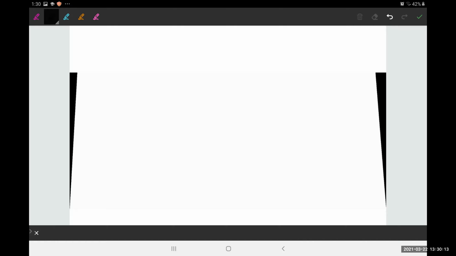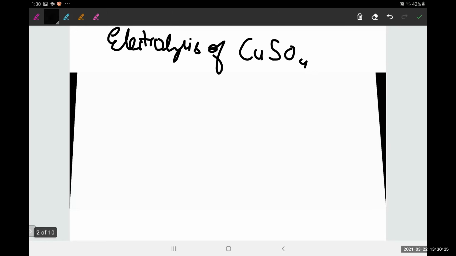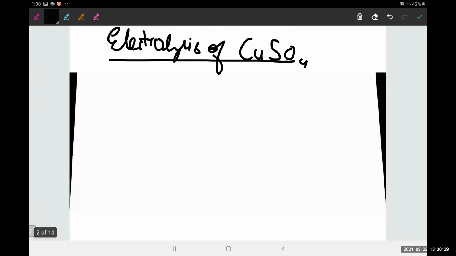So write down the heading, everybody. Electrolysis of copper sulfate, CuSO4. Okay, now by what? We'll do it with two electrodes.